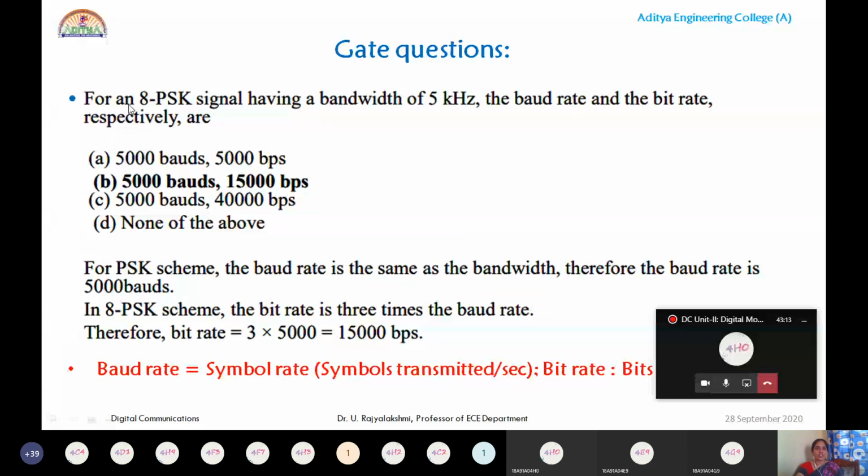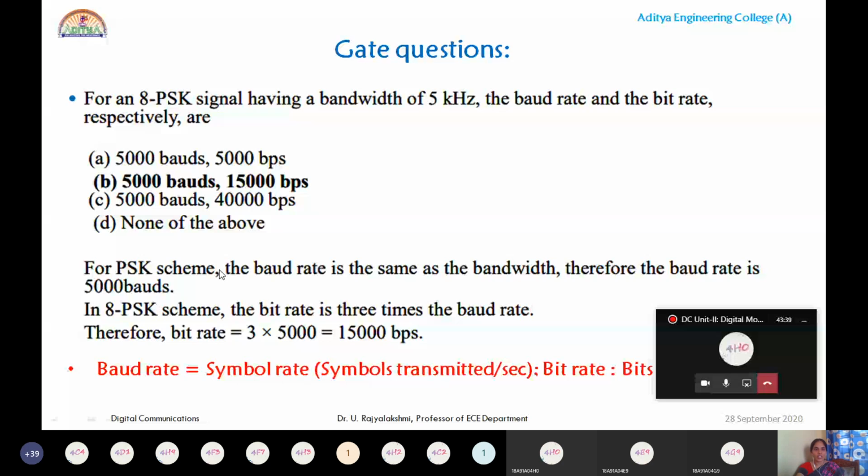Similarly, one more question you can see. For an 8-array PSK having a bandwidth of 5 kilohertz, the baud rate and the bit rate respectively are. The clue given to you is 8-array PSK, for which n value is 3, and bandwidth is 5 kilohertz.